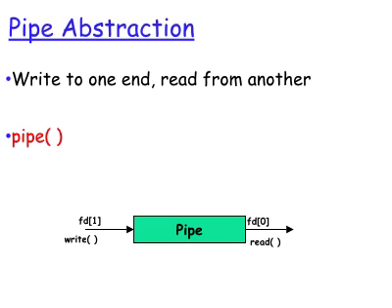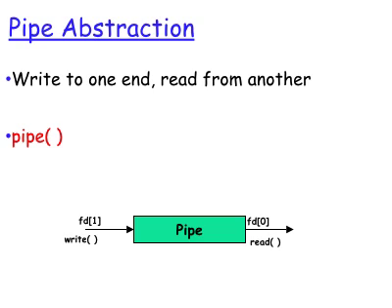So now let's talk about pipes, which provide unidirectional communication between two processes. As the name suggests, a pipe provides a one-way flow of data from one process to another process, much like a physical pipe carries water from one end to another. Once a pipe is created, one process can write to one end of the pipe and another process can read from the other end of the pipe.